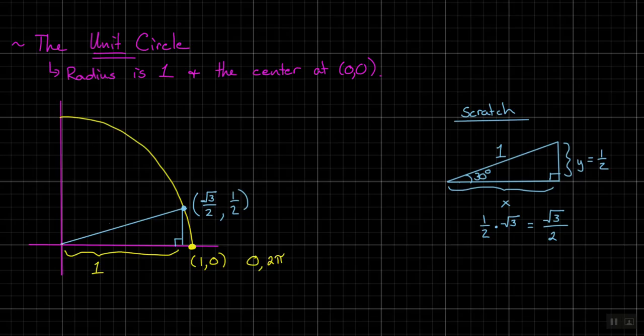Okay, let's move to the next nice one. This is my 30 degrees, right? Well, that one was 30. What is that in radians? And how do we convert? We need a clever choice of 1. Well, how much is half a circle in degrees? 180, and in radians it's pi.